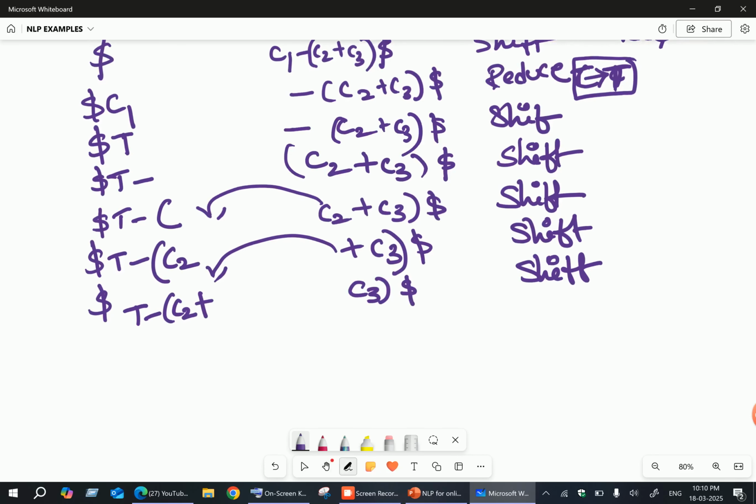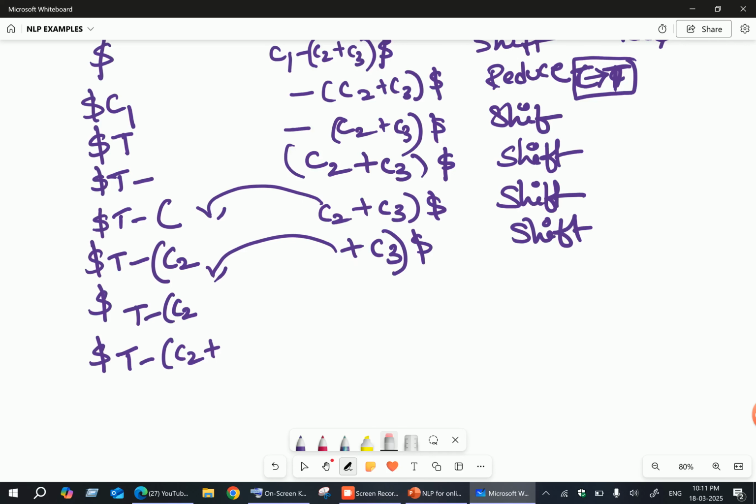Then this C3 will come here. So in the next step, T minus of C2 plus, sorry, here we will perform a reduce action. C2 we need to reduce, right?